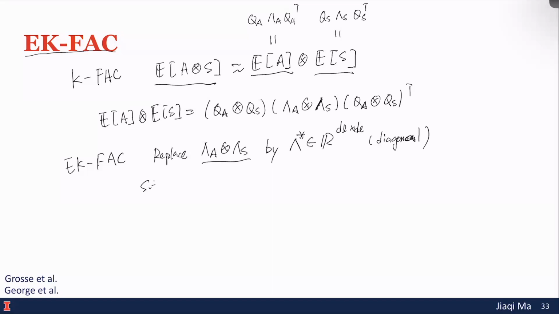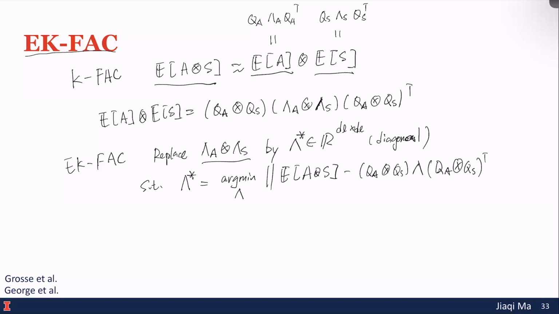And such that this lambda star is the arg min over lambda, minimizing the difference between the original thing we want to approximate and QA Kronecker product QS, lambda, QA Kronecker product QS transpose.